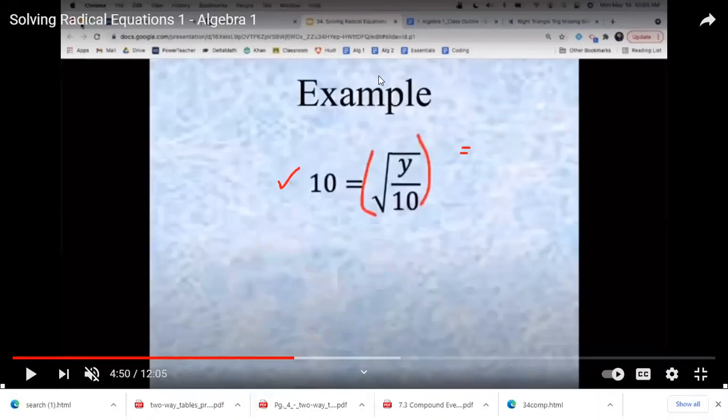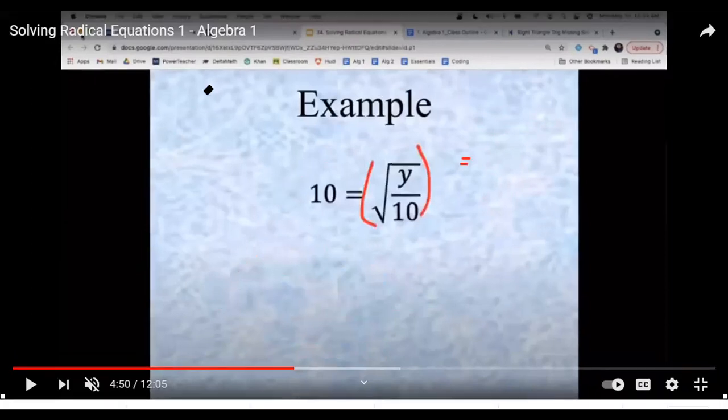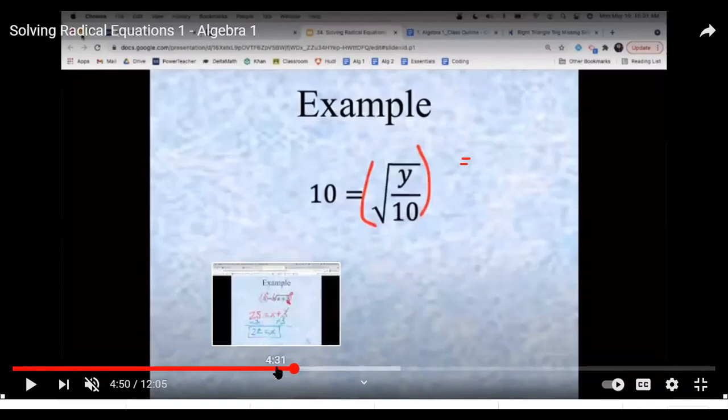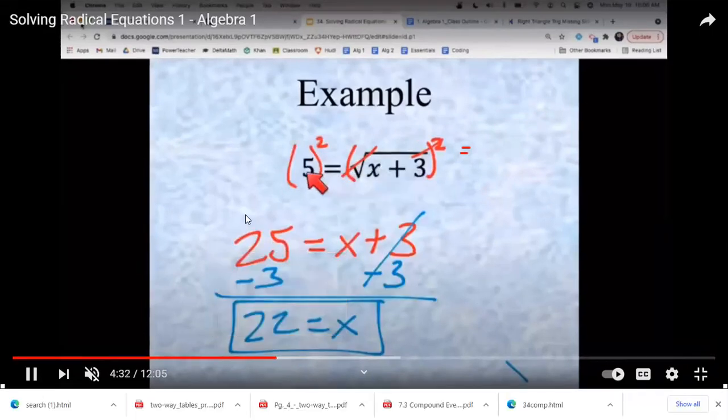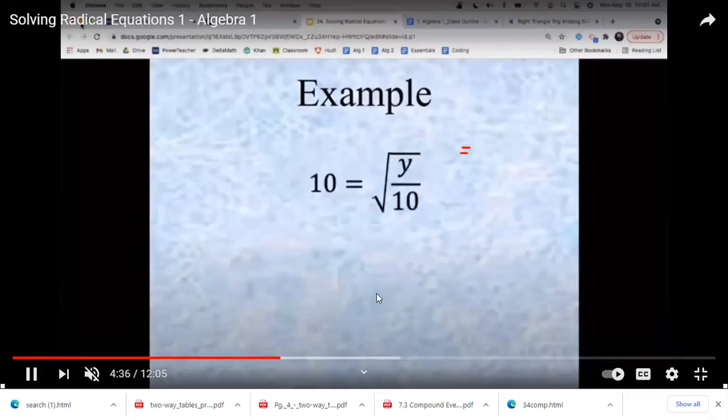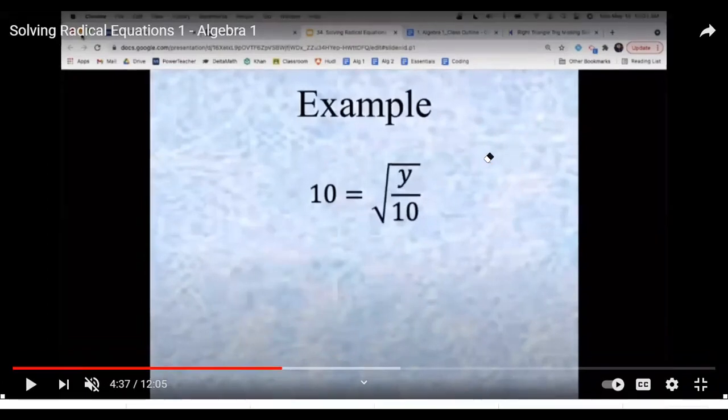In case we have a question like this, what do we have to do to answer a question like this, grade 9? Who will tell me? We have 10 equals square root of y over 10.